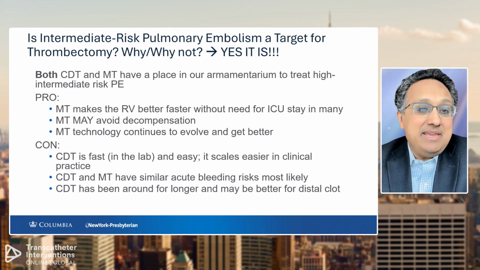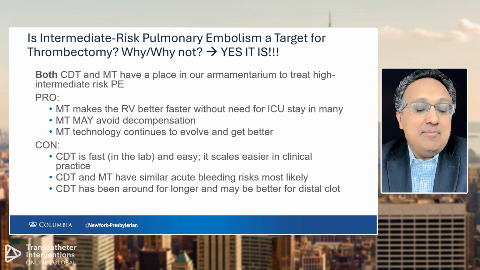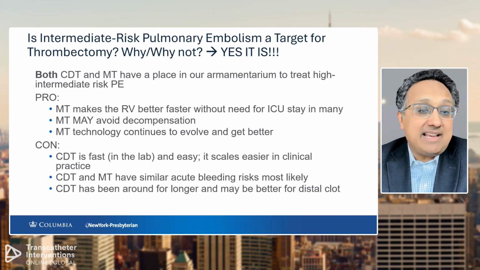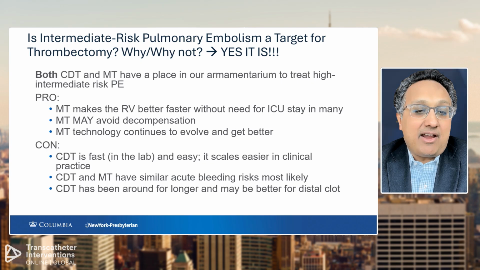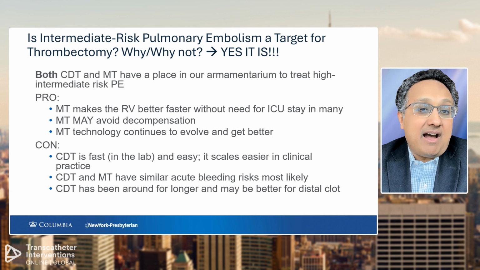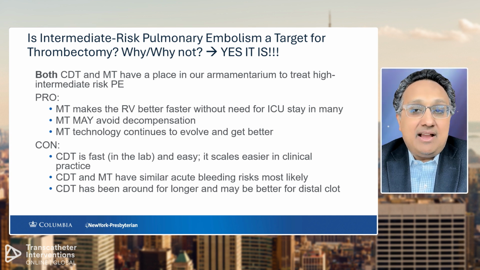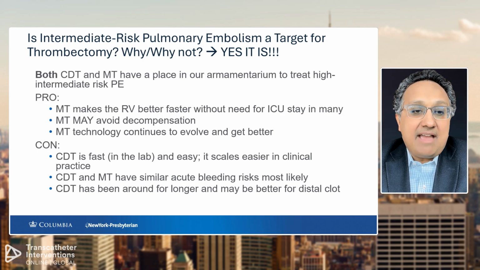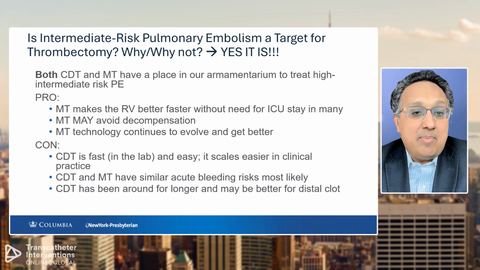I think that thrombectomy, in the pro category, makes the RV better faster, and it often will avoid an ICU stay. It may avoid decompensation, as PEERLESS 1 told us. And that technology, as you've already seen, is evolving in front of our eyes and continues to get better and better with each new device. The con is that catheter-directed thrombolysis is really the best strategy for patients who are not in centers where they have access to large bore thrombectomy, or where they may not have ECMO backup.